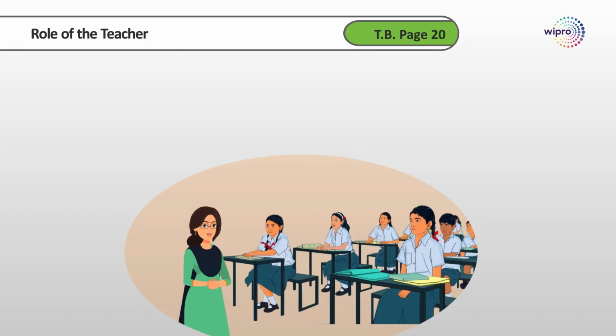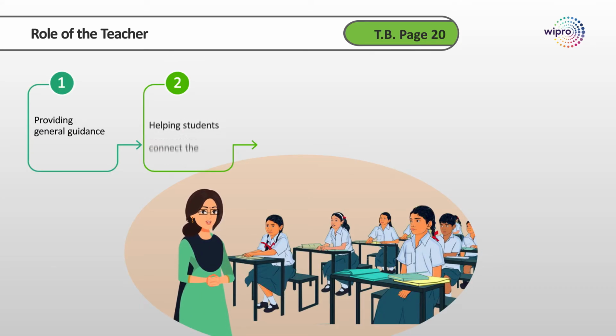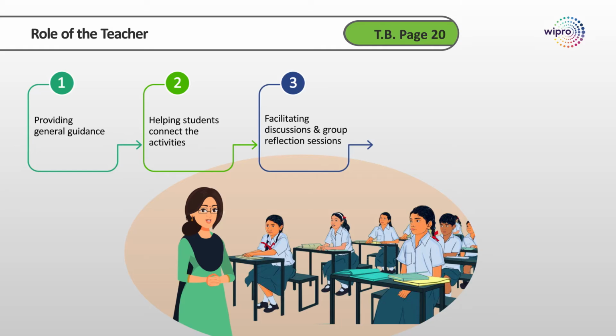Guide your team in the following ways: by providing general guidance, helping students connect the activities with what they study in class, and also fostering skills of collaboration, inquiry, and empathy. Facilitate discussions and group reflection sessions so that everyone can share what they understand, raise questions, and together think through what needs to be done.